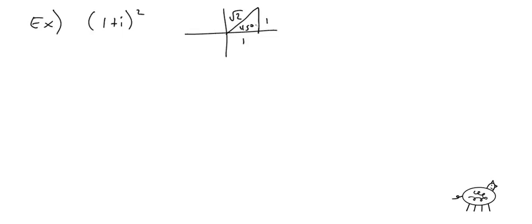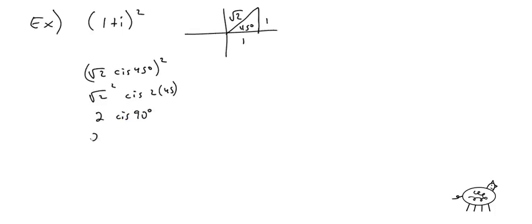So let's write it as root 2 cis 45 degrees, squared. So it's root 2 squared, cis, and I'll show my work here, 2 times 45. Root 2 squared is 2, cis 90. Okay, so that's, again, the answer in polar.